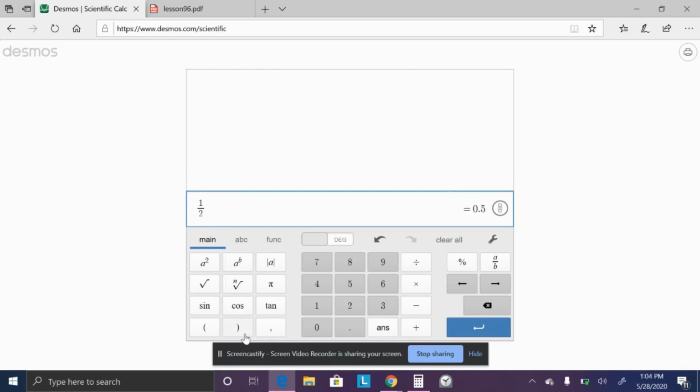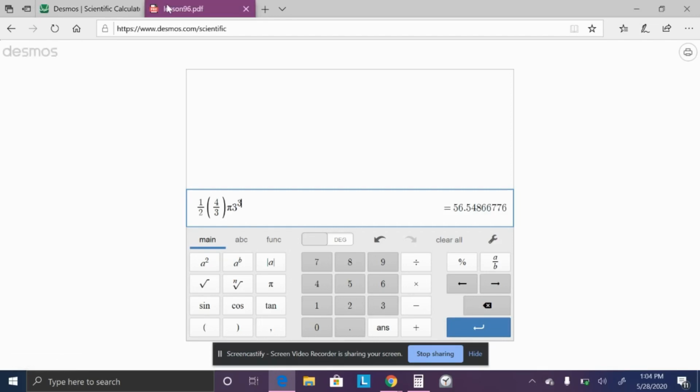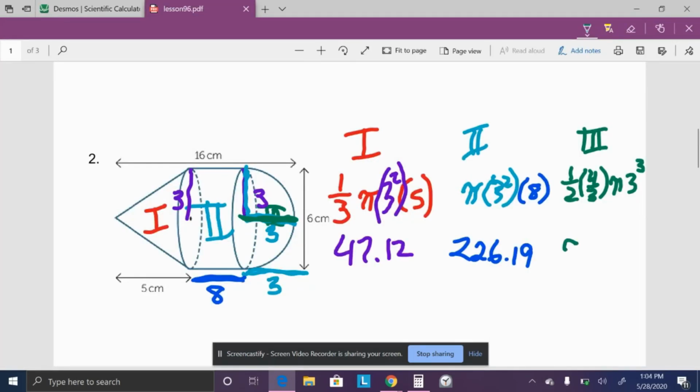Good thing I did that. 1/2 times 4/3 times pi times 3 cubed. 56.55, because that's an 8. 56.55. So now I'm going to add all three of these numbers together.